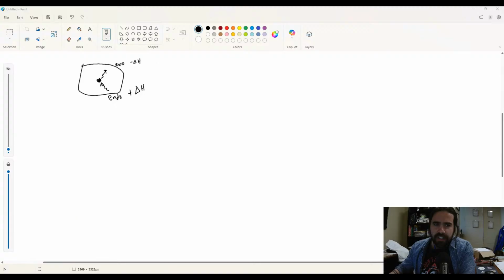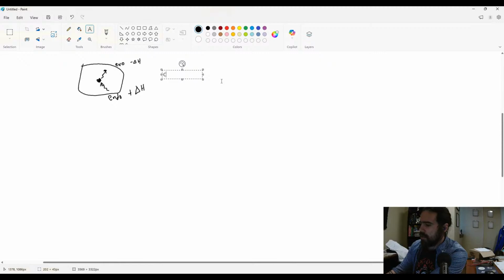So our definition for calorimetry, if you wanted to put a fine definition on it, is the measurement of heat produced or absorbed by a system.